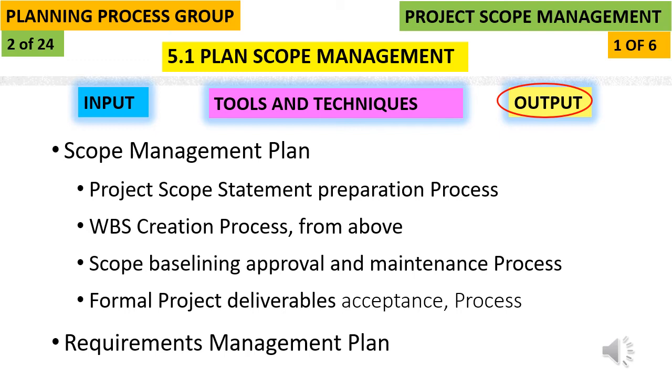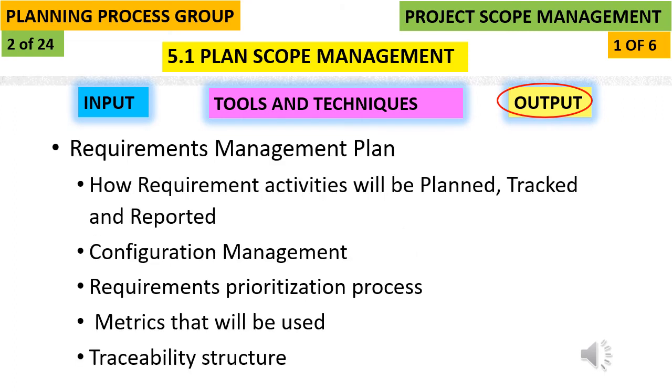Second, how the work breakdown structure will be created. Third, how the scope baselining will be developed, approved, and maintained. And the last, how the formal project deliverables will be accepted. So this is the first output of this process. The second output is the requirements management plan, which we will see in the next slide.